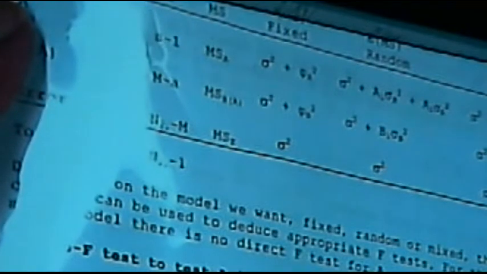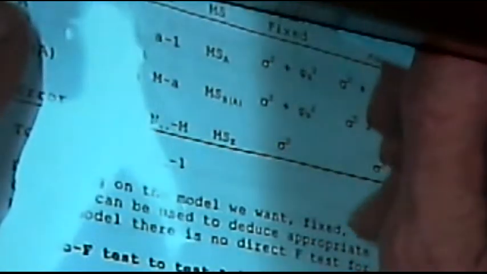And why do we want those? Well, here's where it comes in. We don't have any change at all in this column here.